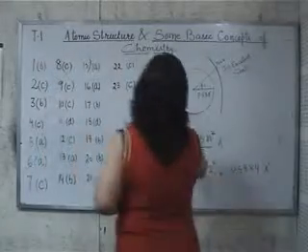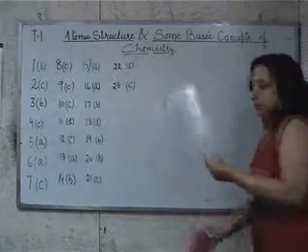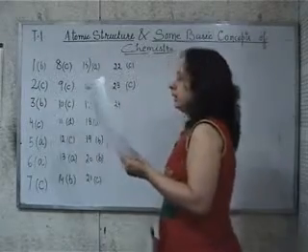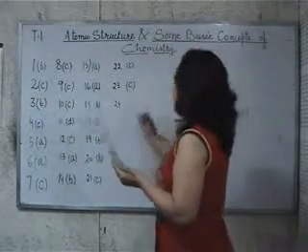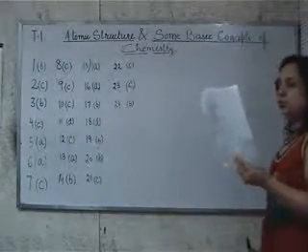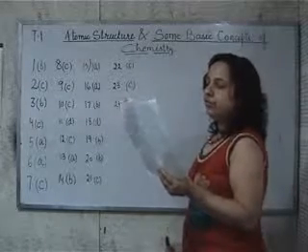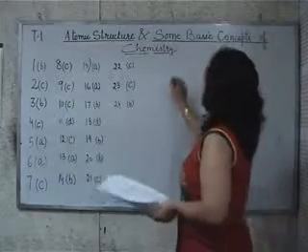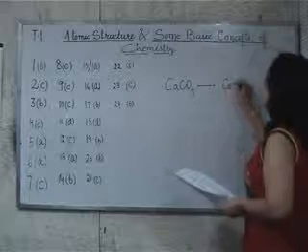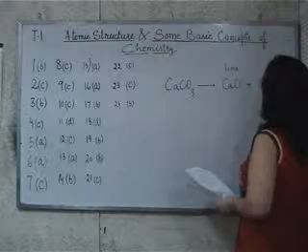Question 24 is option B. This question is: find the weight of lime obtained by heating 200 kg of 95% pure limestone. Limestone is calcium carbonate, which gives calcium oxide, that is lime, plus carbon dioxide.